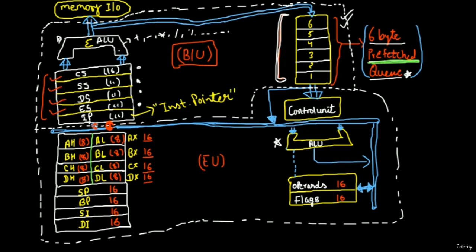We are going to discuss that too, so don't worry. You might be wondering that I have not told you what CS, SS, DS and ES are, and I am telling you that IP means instruction pointer. I'm going to tell you that right now.